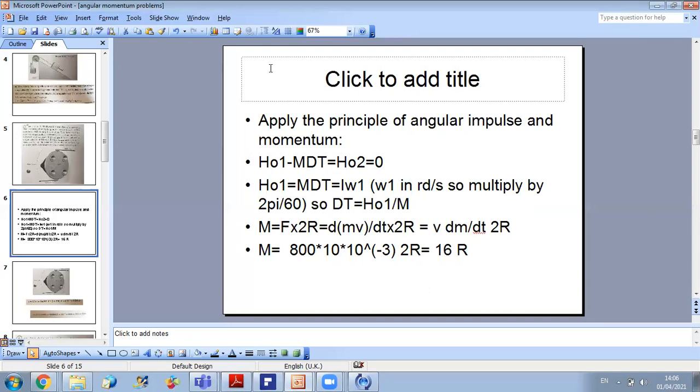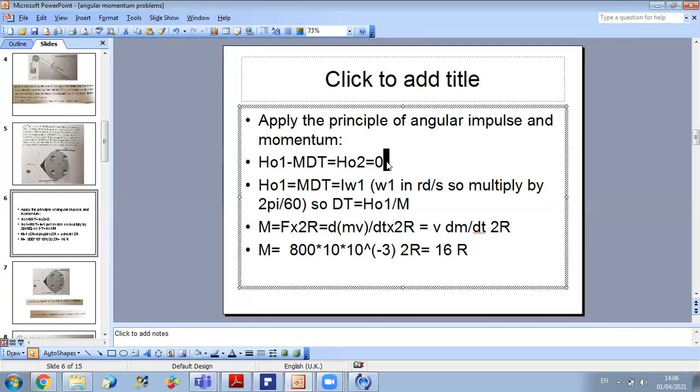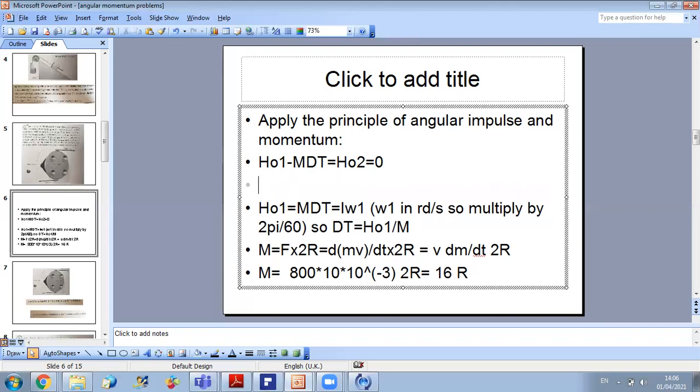What does this term represent? I will write them here. We have H_O1, the initial angular momentum, and it is equal to the inertia times omega at state 1. The inertia is given and omega 1 is given.